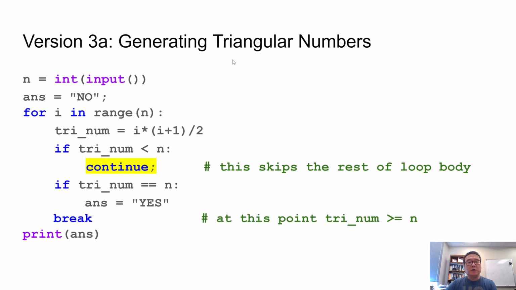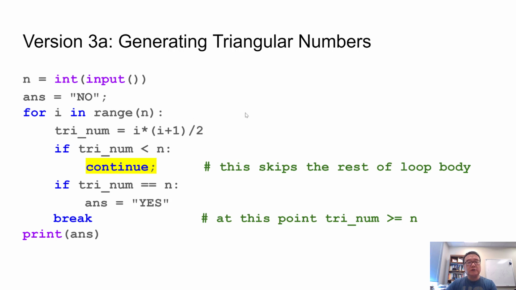Okay, so here is one approach where we loop using the for loop. We will go up to n. This is technically not necessary, because for a triangular number no bigger than n, i will only go up to around the square root of n. But as we're going to see, that's not going to be important.